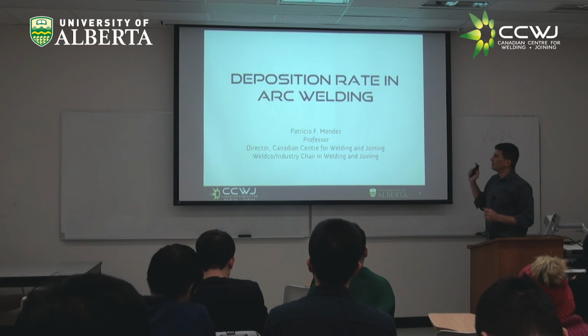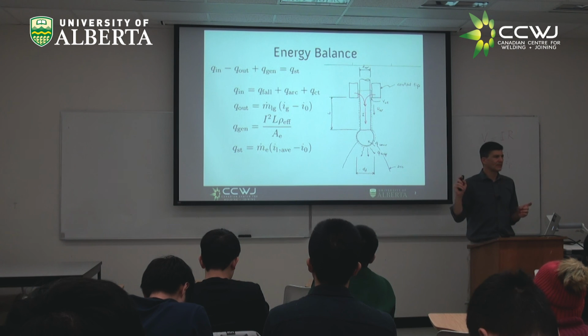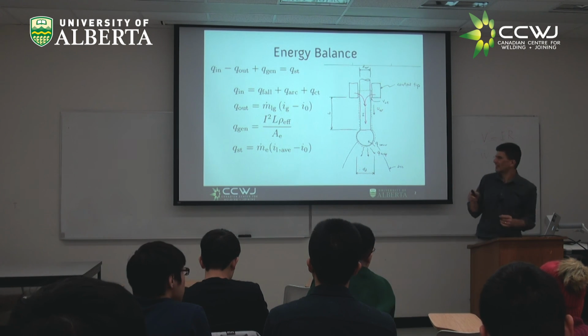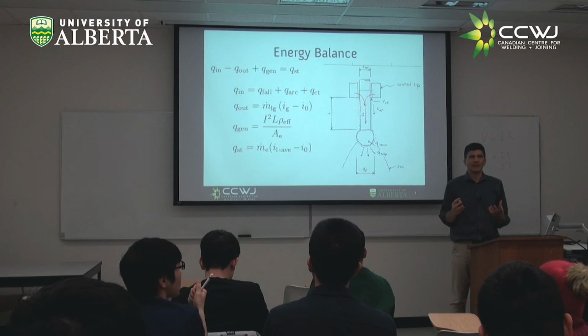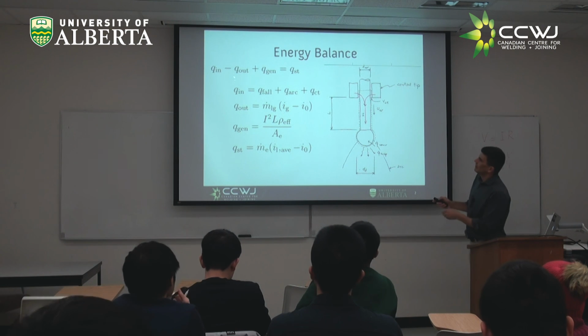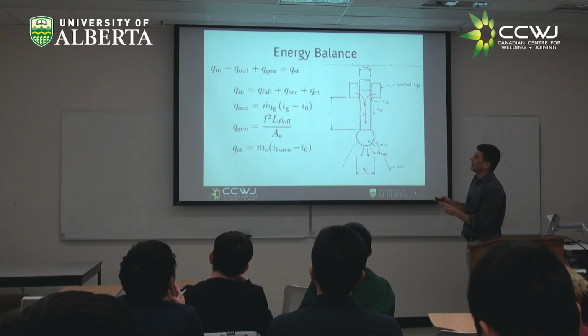So how many of you took heat transfer with me? 1, 2, 3. I think it's a couple. Okay. So what I'm going to do is an energy balance, right? If you remember, we always write this equation in the heat transfer class.